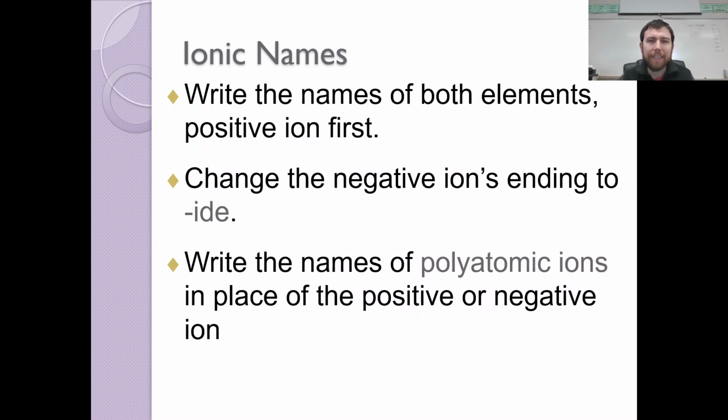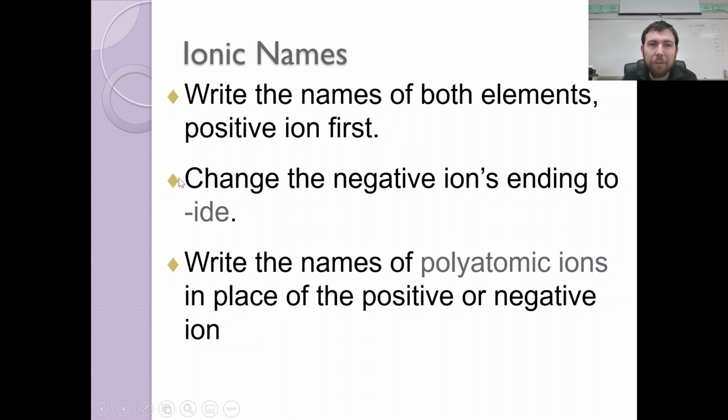Now, in the event that your ionic compound contains a polyatomic ion, what you're going to do is simply write the name of the polyatomic ion in place of the positive or negative ion. So let's say, for example, that the negative ion in that formula is a polyatomic ion.